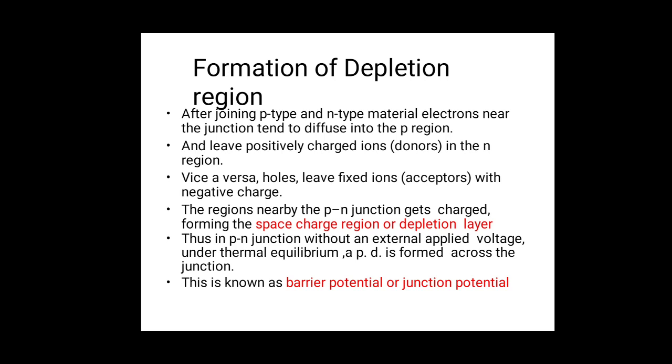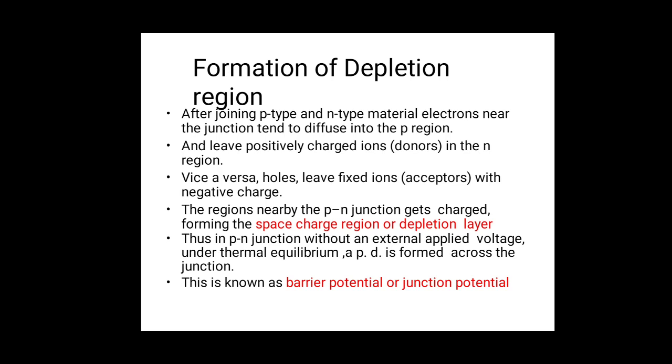Vice versa, holes leave fixed ions with negative charge near the junction. So the region near the PN junction gets charged with positive and negative ions, and hence it forms the space charge region, also called the depletion region.